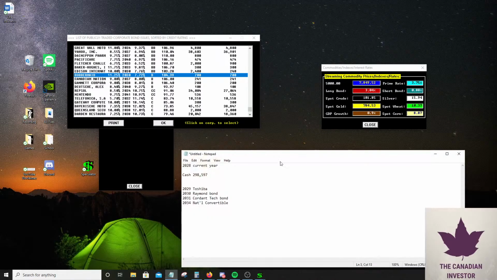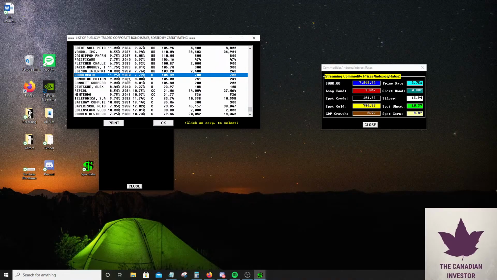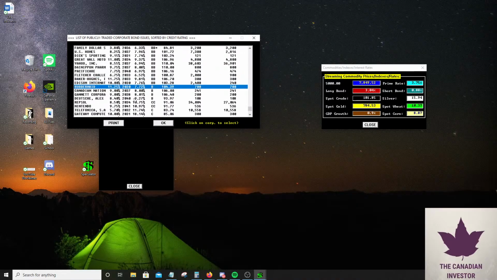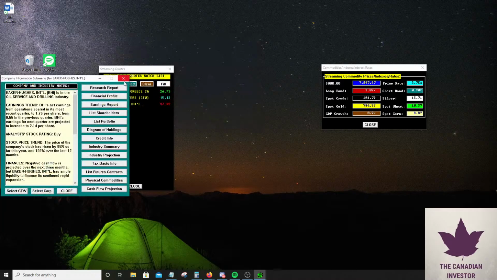It's currently 2028, so I think these bonds would be good to buy. 2030 bonds, 2033. Yeah, I think this one will be a really good Baker Hughes.